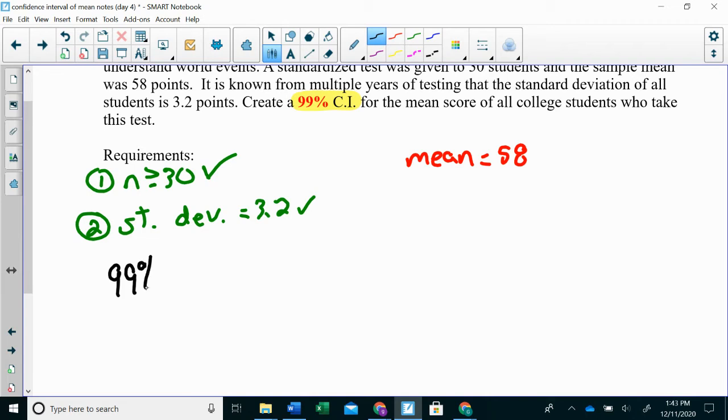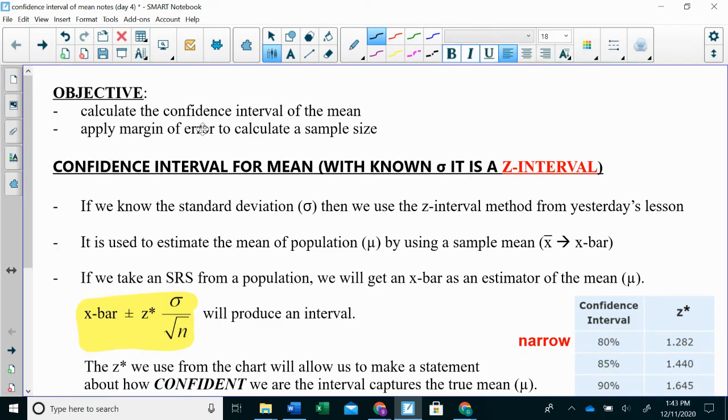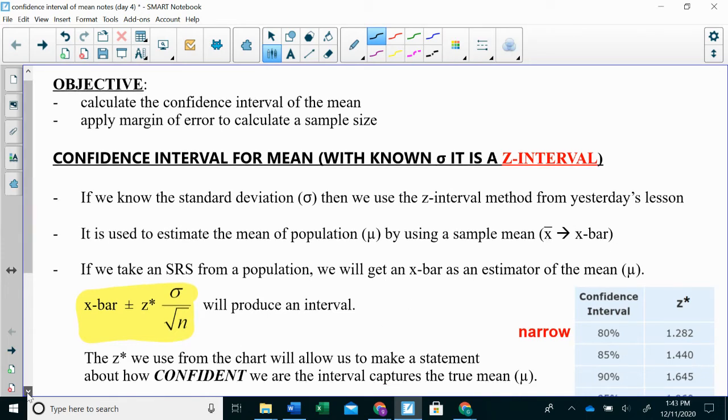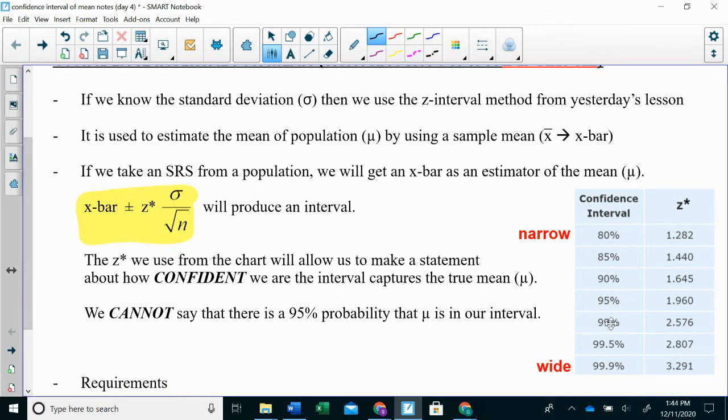So our 99% confidence interval doesn't change the approach that we take. The mean of 58 plus or minus, instead of 1.96, when I go back to the first slide, what is the factor from our chart when we want a 99% confidence interval? We're going to use 2.576 as our factor.